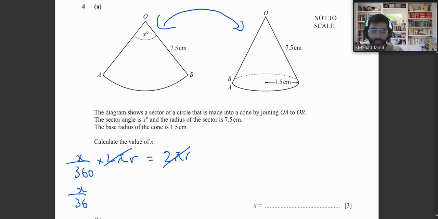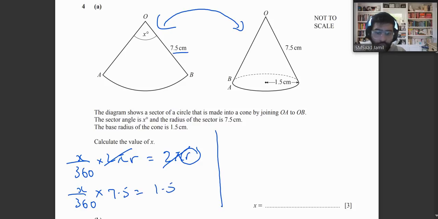x upon 360 multiplied by r. What's the r over here? 7.5 is equal to r. What's the r over here? It's 1.5. So x is equal to 1.5 multiplied by 360 divided by 7.5.